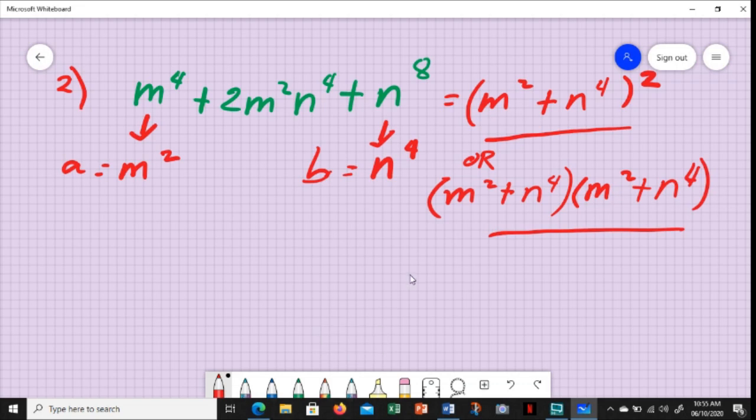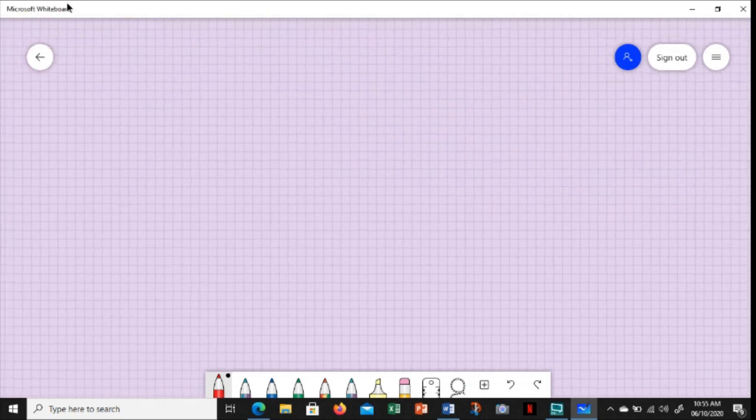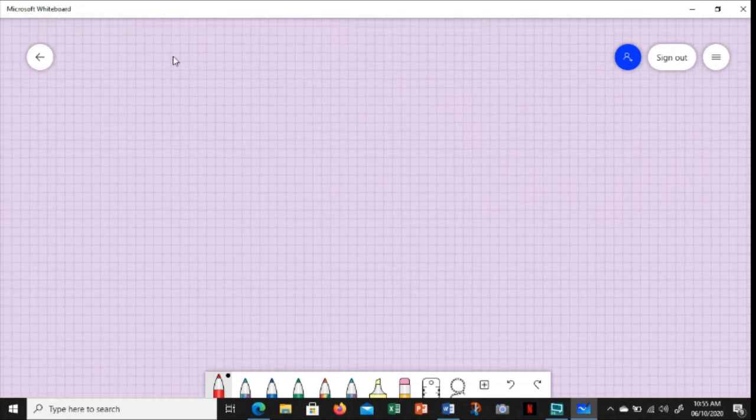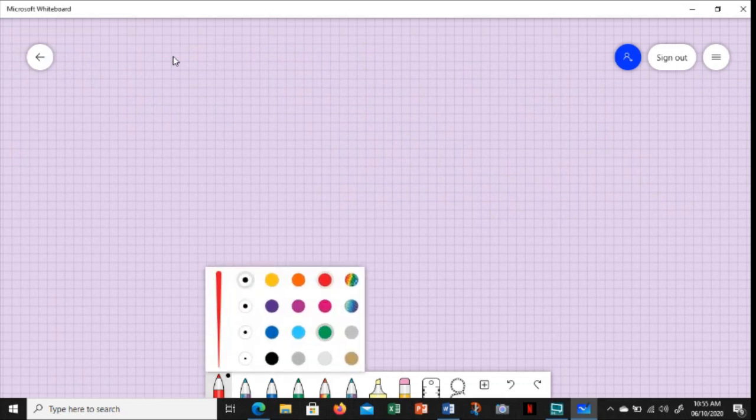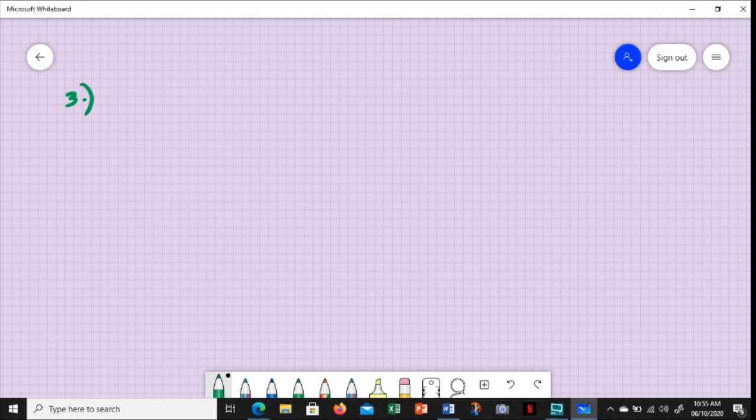Next example, number 3. So we have 4x squared plus 20x plus 25.